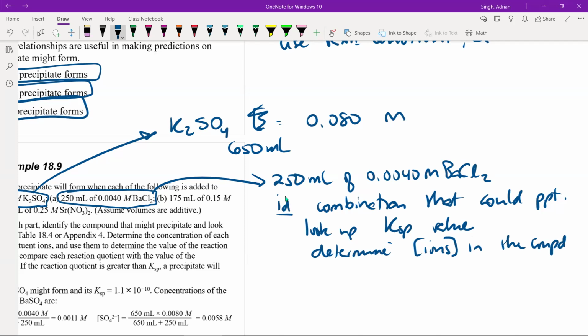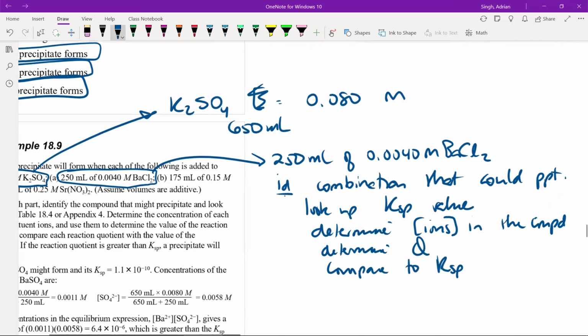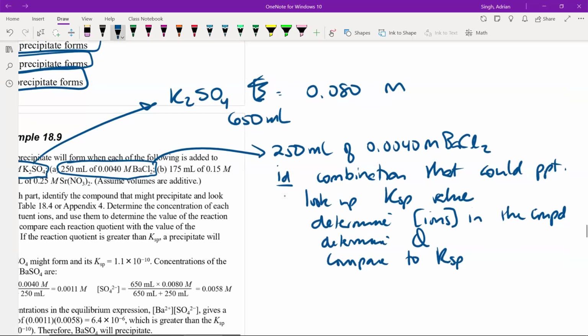Okay, so determine the concentration of the ions in the compound, and then use them to determine Q, the reaction quotient, and compare it to the KSP. Okay, so that's the first thing that we're going to take a look at.